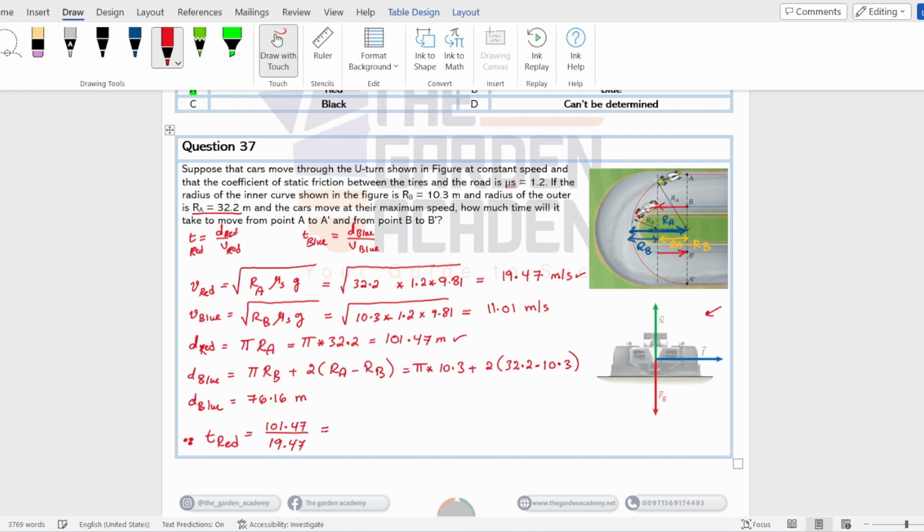The answer for this will be around 5.21 seconds. And if we go now to the blue part, so we say T blue is equal to D blue, 76.16, divided by V blue, which is 11.01.